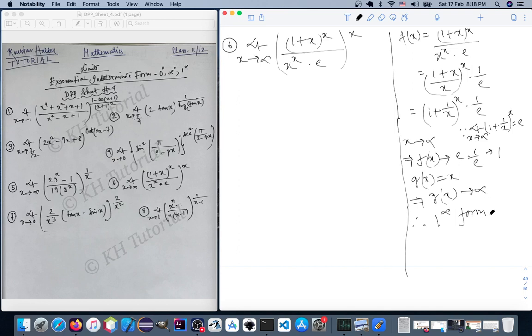And we can directly apply the direct formula, we get the result as e to the power limit gx into (fx minus 1).